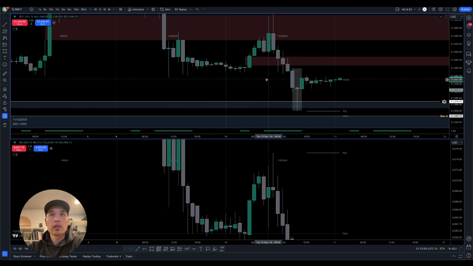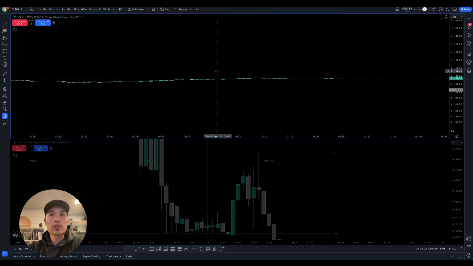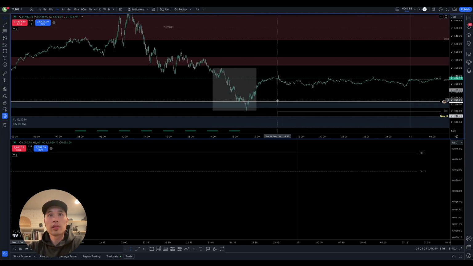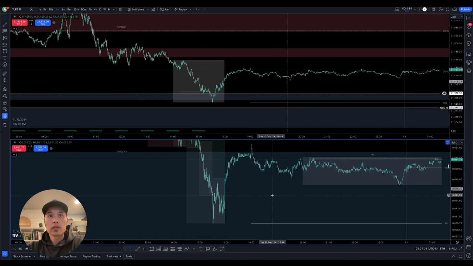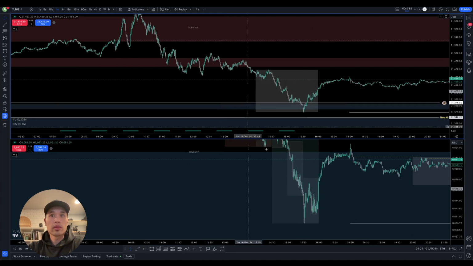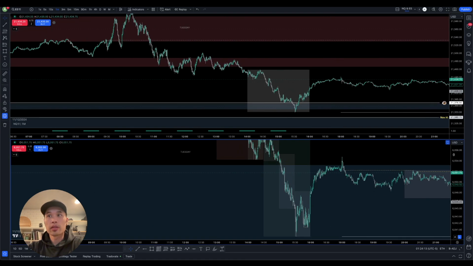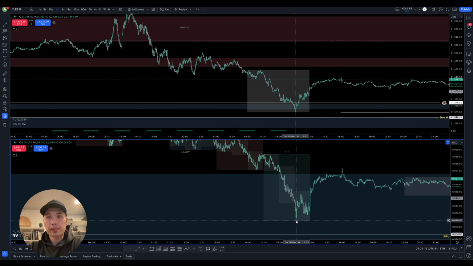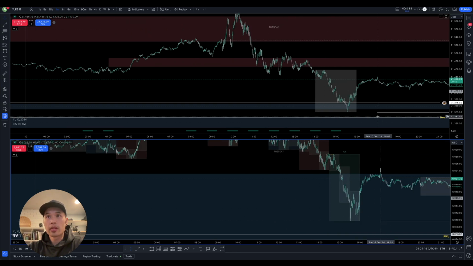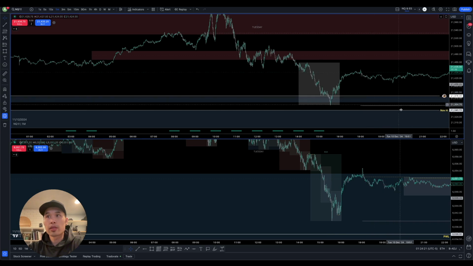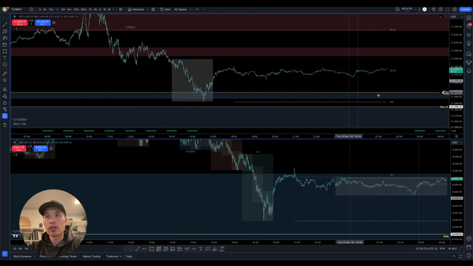Okay, so let's look at this piece of price action here. The reason I'm looking at both is because I want to see the SMTs, right? So we finally hit previous, what did we hit here? This is previous day low.